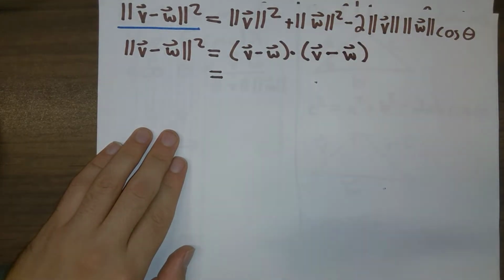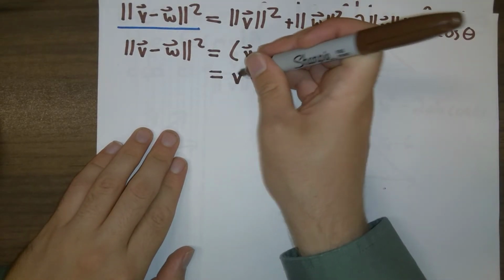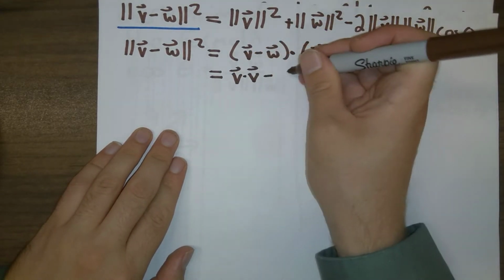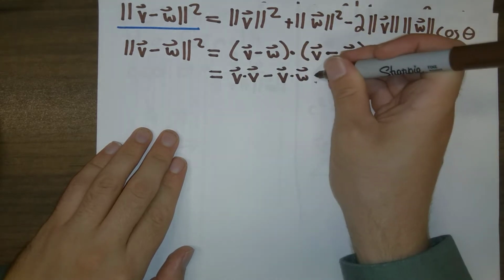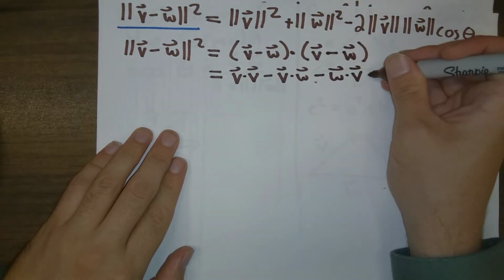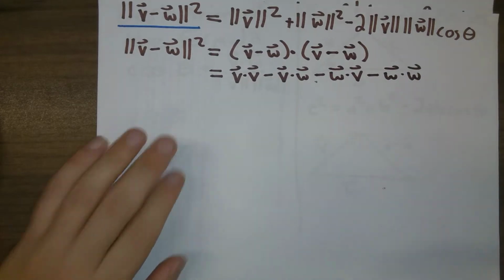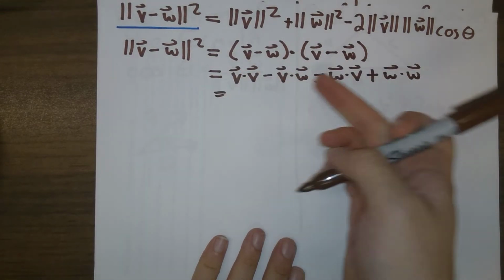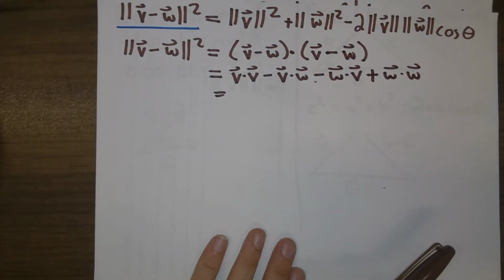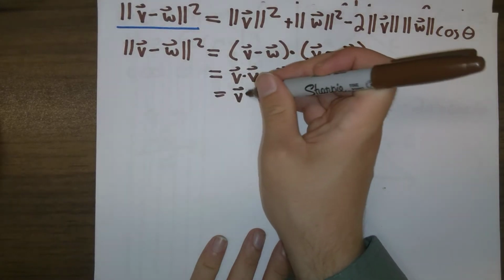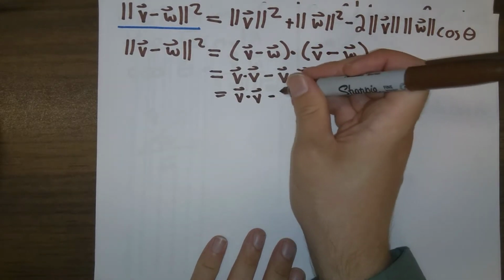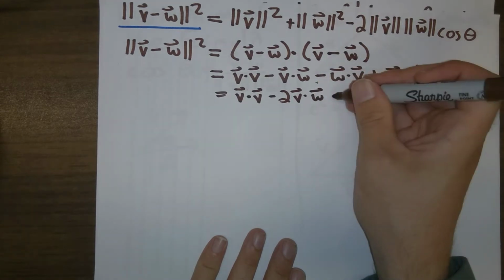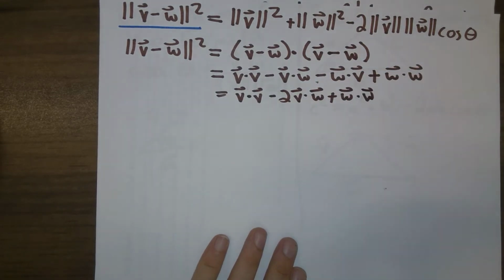We can distribute that out to say that is v dot v minus v dot w minus w dot v plus w dot w. That should be a plus there, of course. And then we see that v dot w and w dot v, commutative law says that those are the same. So this is really v dot v minus 2 v dot w plus w dot w.